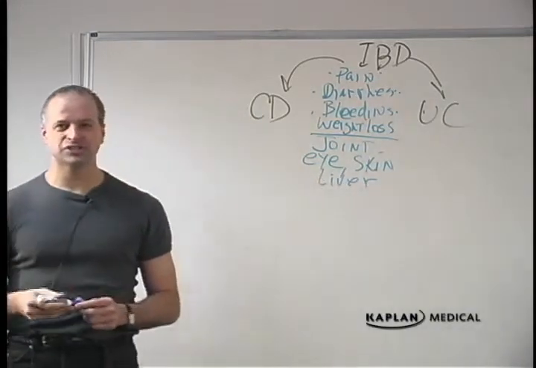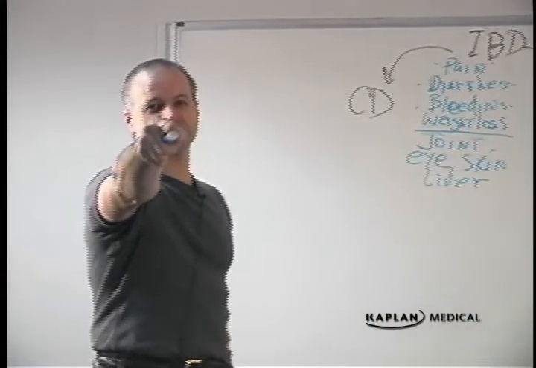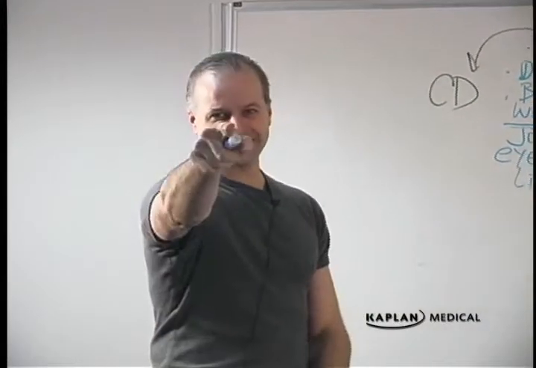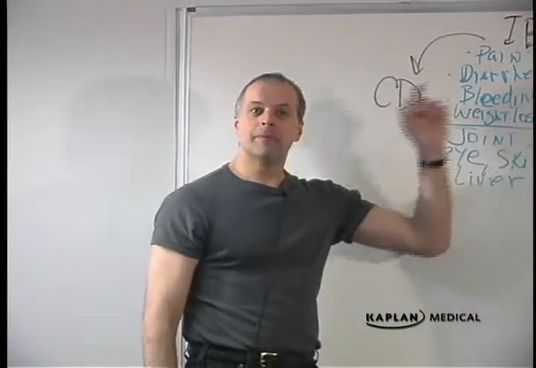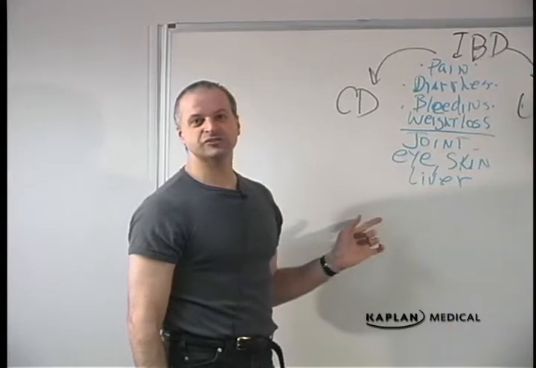I know you've been told that only ulcerative colitis gives you sclerosing cholangitis. I know you've been told that. But they both give sclerosing cholangitis, not based on whether it's Crohn's or ulcerative colitis, but based on how much inflammation there is of your colon.